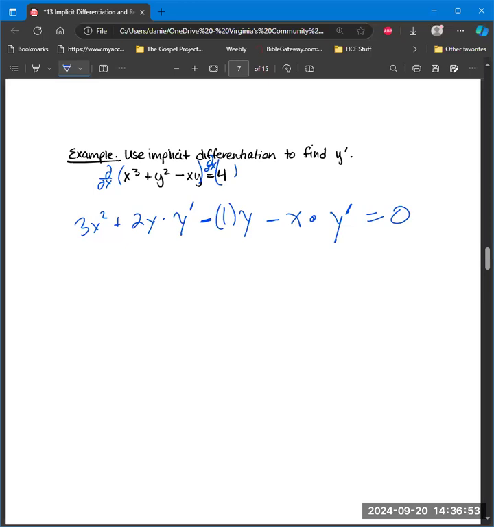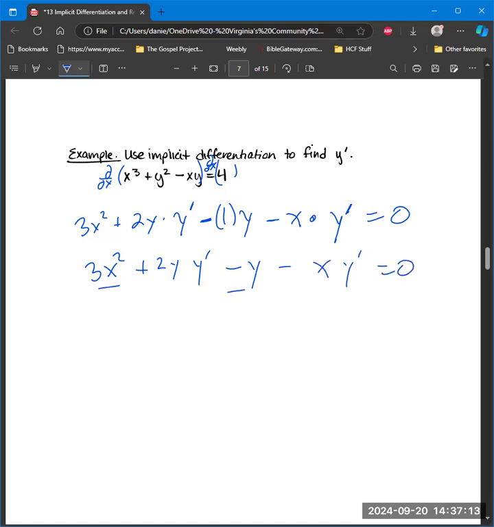Just taking the derivative of the first part, leaving the second part alone, then adding, which means keep the sign here, the derivative of the second part, leaving the first part alone. So 3x squared plus 2y y prime minus y minus x y prime is equal to 0.